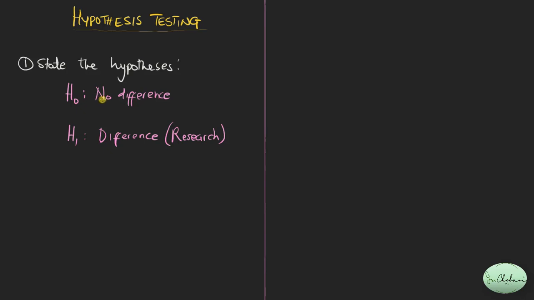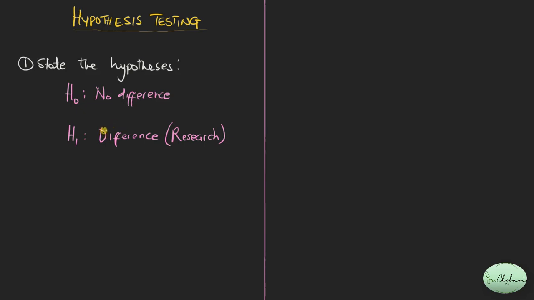So what we do with hypothesis testing is that we put the null hypothesis on trial, as it were. If the null hypothesis passes the hypothesis testing process, we stick with the null hypothesis. If, however, the null hypothesis fails, then we take our alternative, the research hypothesis.